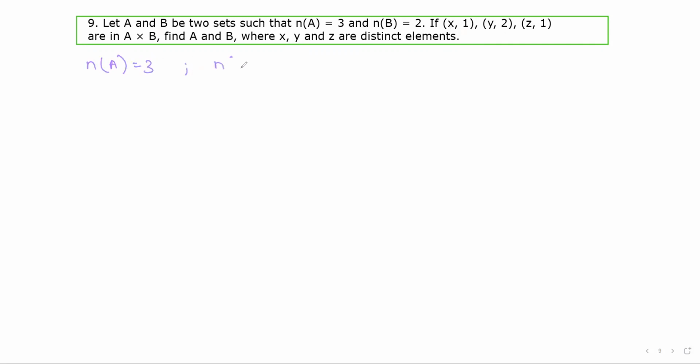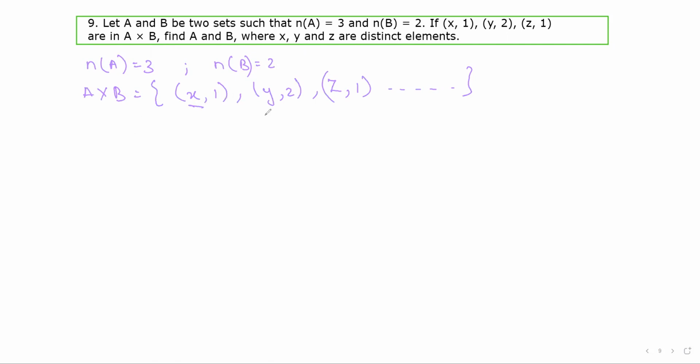You're also given that the number of elements in B is 2. You're given that A cross B is a set and some of its elements are (x, 1), (y, 2), (z, 1), and so on. We do not know the rest. We know that the number of elements in A is 3 and in B is 2. So the total number of elements in A cross B should be 3 times 2, which is 6. So out of 6 elements, 3 elements are given to you.